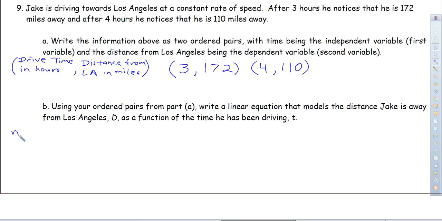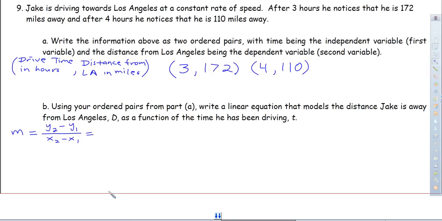Well, just like before, 2 things we need when we're looking at a line, right? We need slope, and we also need a point. Well, we have 2 points. Remember, it doesn't matter which one we use, but we'll get to that later. Let's find the slope. Remember our slope, y2 minus y1 over x2 minus x1, or the difference in the y's over the difference in the x's, or change in y over change in x.